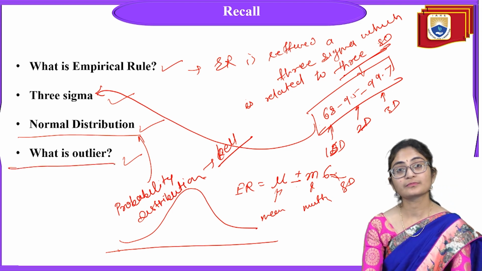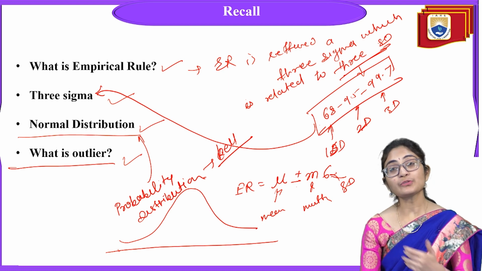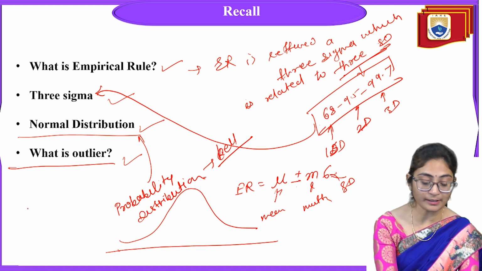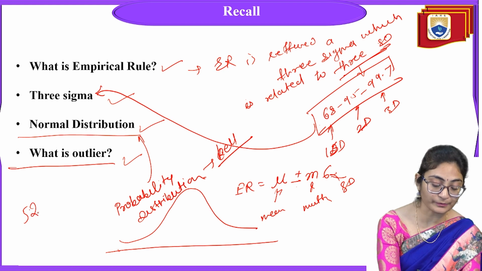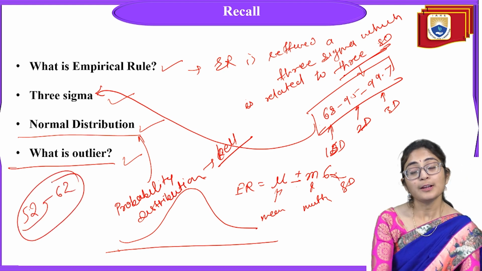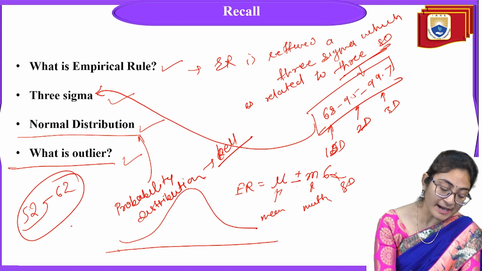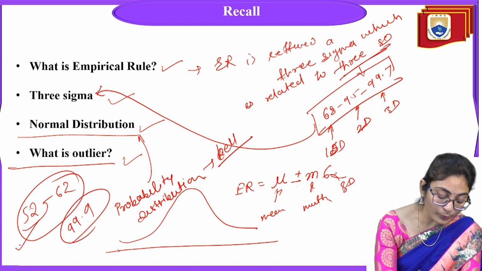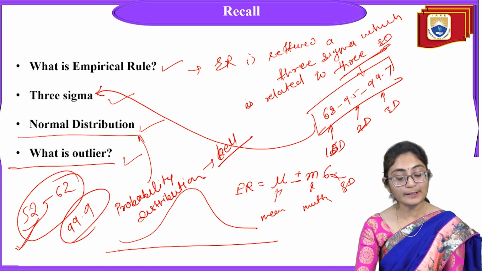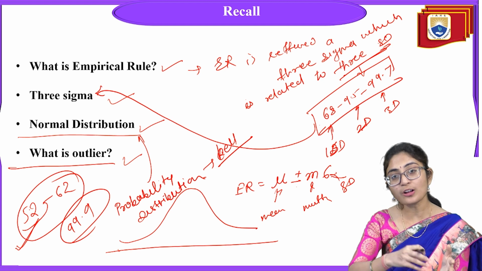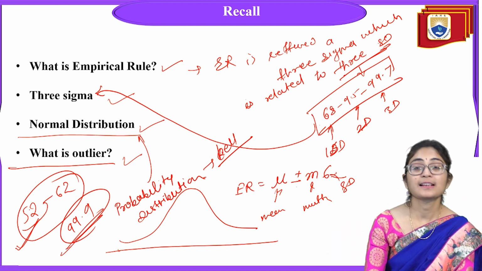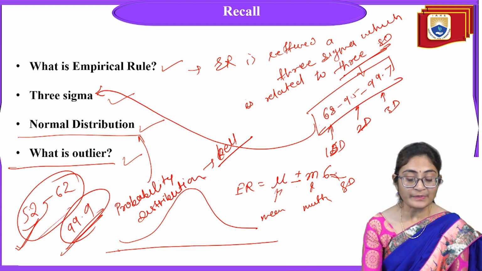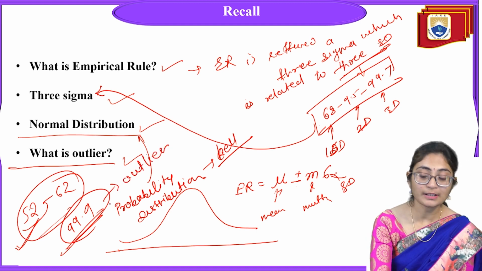Then what is an outlier? In the previous class we saw an example of batting averages. Every batsman had an average of about 52 to 62, but one batsman had a batting average of 90.99. When you see the other records, all values are close to each other, but this value is totally different and far away from the others. So this is your outlier.